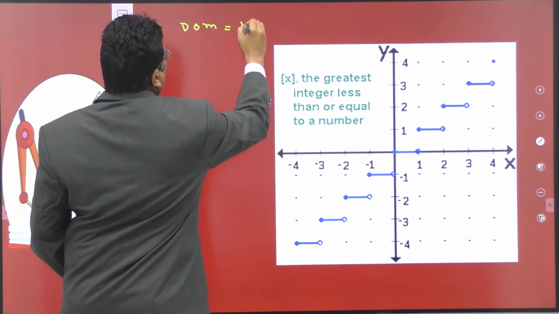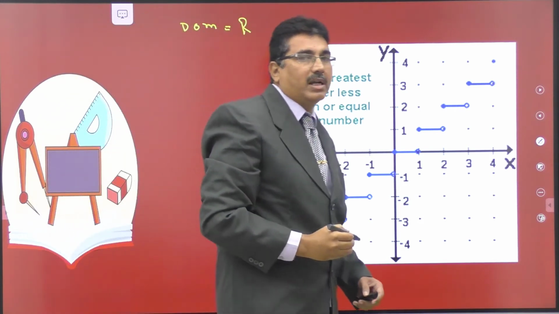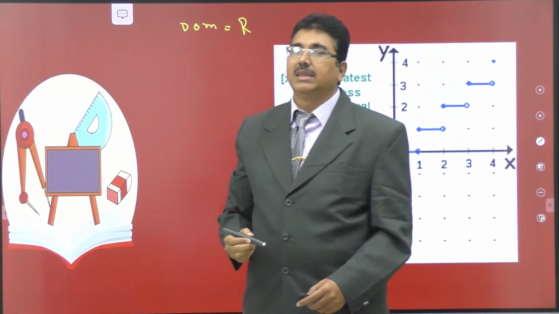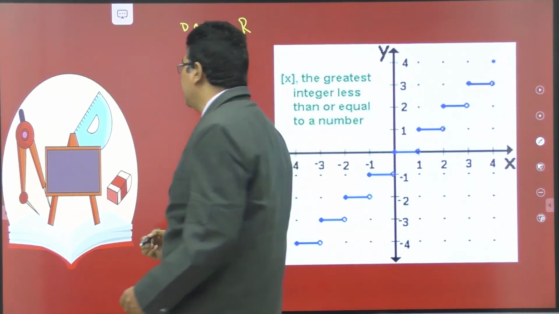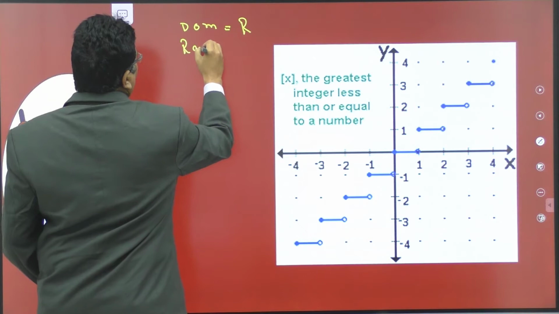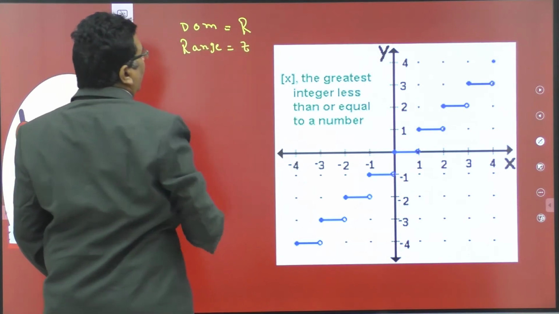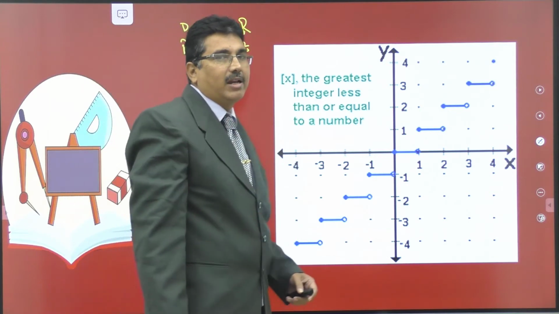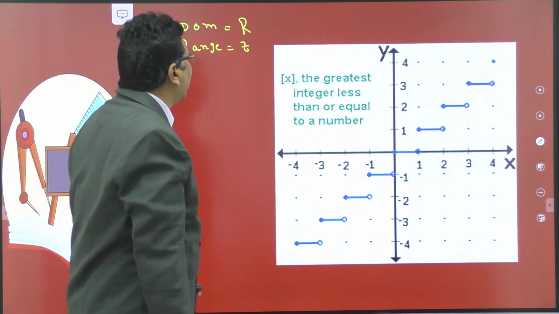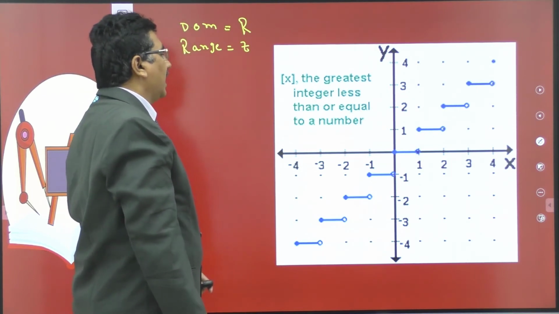The domain is R. The integral part is defined for every real number, that's why the domain is R. What is the range? The range of this function is the set of all integers. Integral part means integer, right?